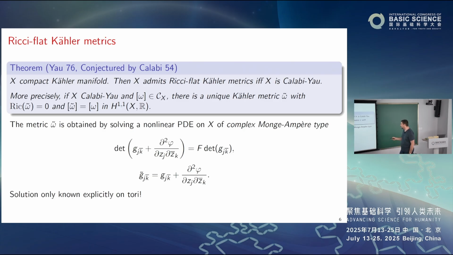And then the right-hand side is some smooth positive function f times the fixed determinant. The new Kähler metric would be this original plus the complex Hessian of phi, and this should be positive definite. This equation can be solved uniquely. And the solution, though, is never explicit except on tori. On tori, you can write down the solution explicitly, but otherwise, there's no explicit solution.